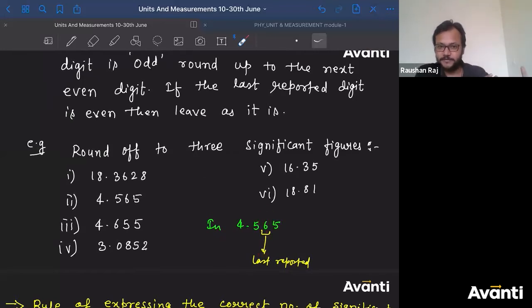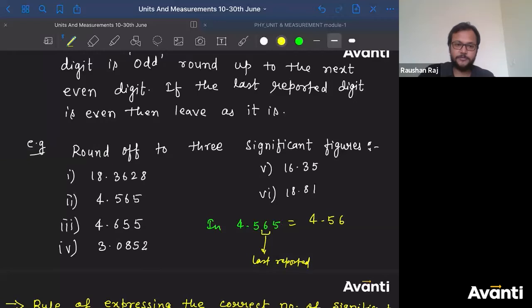That means make it even. But if it is even, leave as it is. So what will be the answer here? 4.56 only. Since the last reported digit is 6, that is an even number, so I don't have to do anything. I have to just copy it down, round off the other part. That is the answer. ठीक है बच्चा लोग?